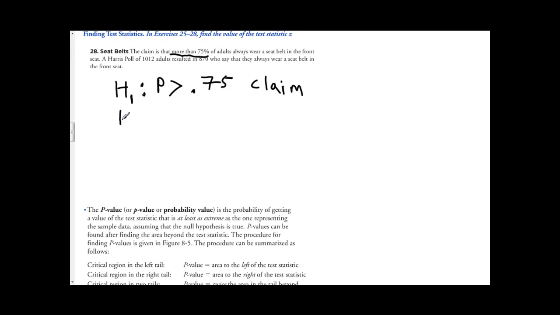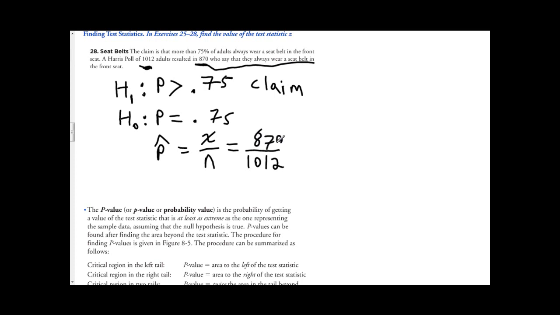Now, the null hypothesis is that p is equal to 0.75, because remember, the null is always equality. And now we are going to find our test statistic.